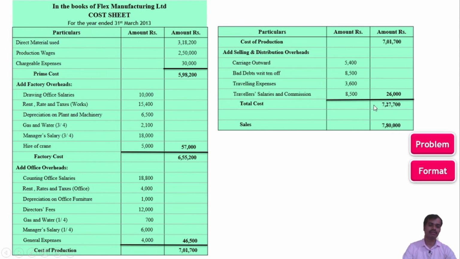Here we will find out that the sales amount is more than the total cost amount, means here we have profit, that we will add as the net profit, and we will deduct 7,27,700 from 7,80,000. Then we will get the balancing figure 52,300, that is our net profit.